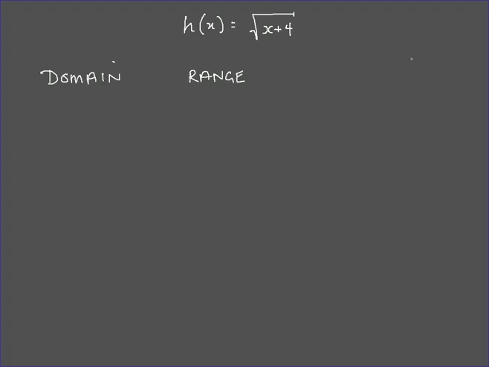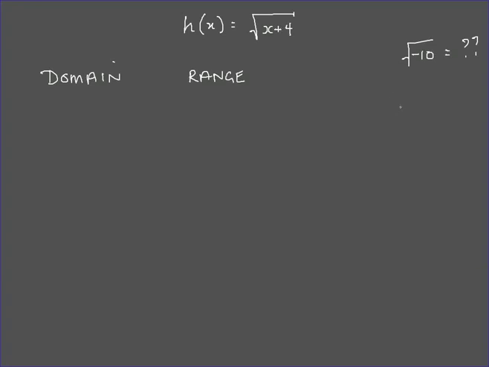And if you've ever tried square rooting negative numbers, then you will appreciate that we can't deal with this function for negative numbers. If we choose a value of x, add 4, we ask ourselves which numbers can we not put in.